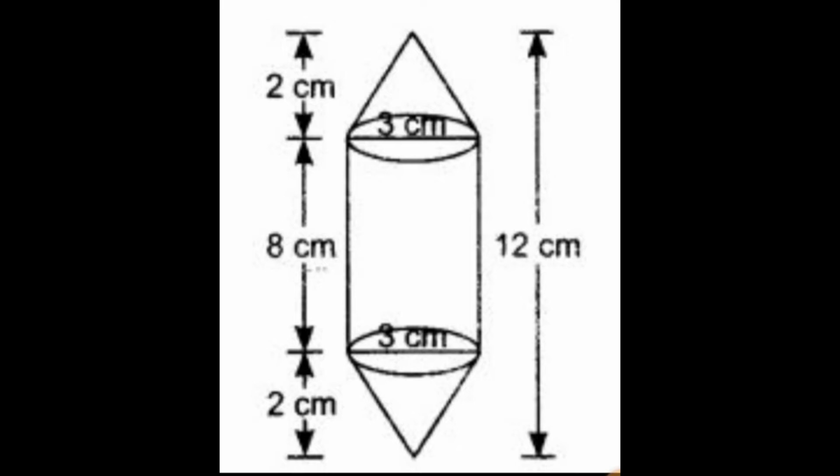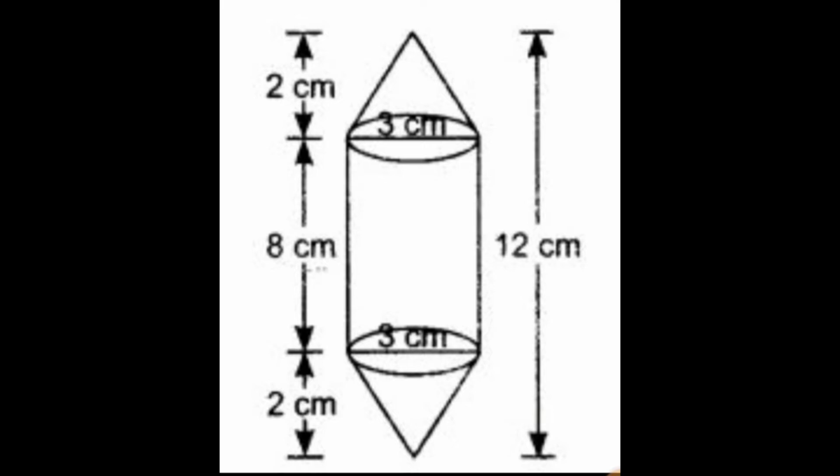The diameter of the cone as well as the cylinder is given 3 centimeter. It is clearly seen there in the figure. So the height of the cylindrical part is 8 centimeter, as 8 plus 2 plus 2 is 12, the total height of this object.